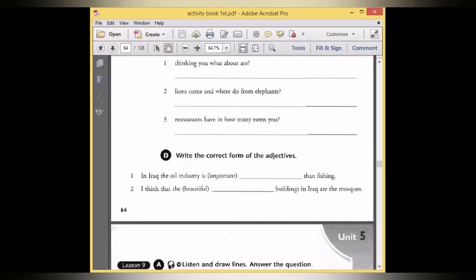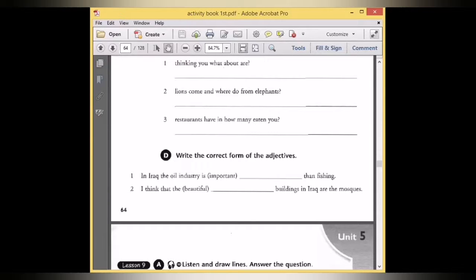How many syllables do we have in important? Three syllables, right?